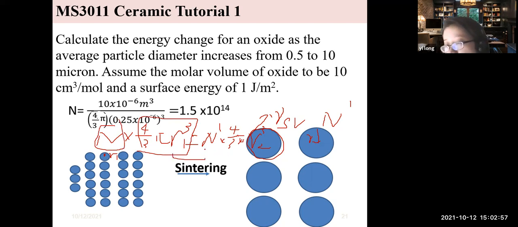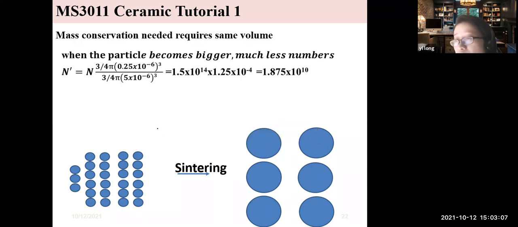Using this one, very quickly we can get n prime. Obviously n prime will be much less compared with n, because your particles become bigger, so you have fewer of them. In this case, n prime is going to equal 1.875 times 10 power 10, but originally you have 10 power 14.